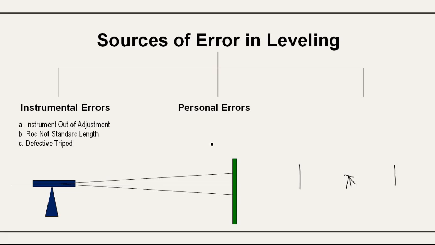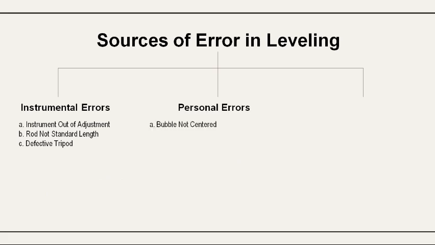One type of error is the bubble not centered, meaning the level bubble in the instrument is not centered. Generally speaking, our instrument is not level. Next, parallax, which refers to the change in the apparent position of an object when viewed from different points or angles. For this type of error, we can apply corrections or pay attention to parallax.